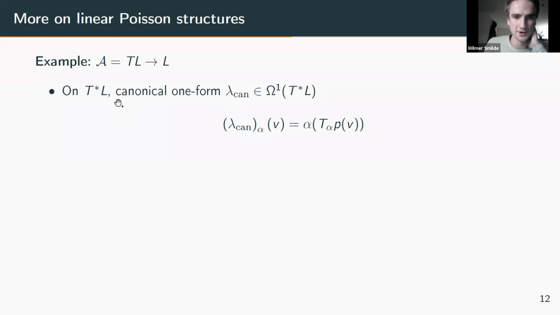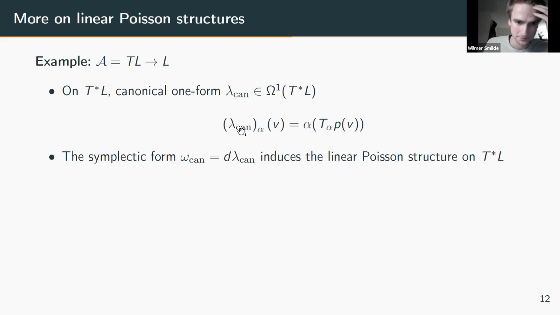Recall that on the cotangent bundle, we had this canonical 1-form, which was defined in the only way possible. If you have a tangent vector, you apply the projection map and then evaluate the 1-form at the point. The symplectic form that you obtain this way by taking the differential induces the linear Poisson structure on T star L. Well, that's interesting because this means that the linear Poisson structure obtained from this one is always symplectic.